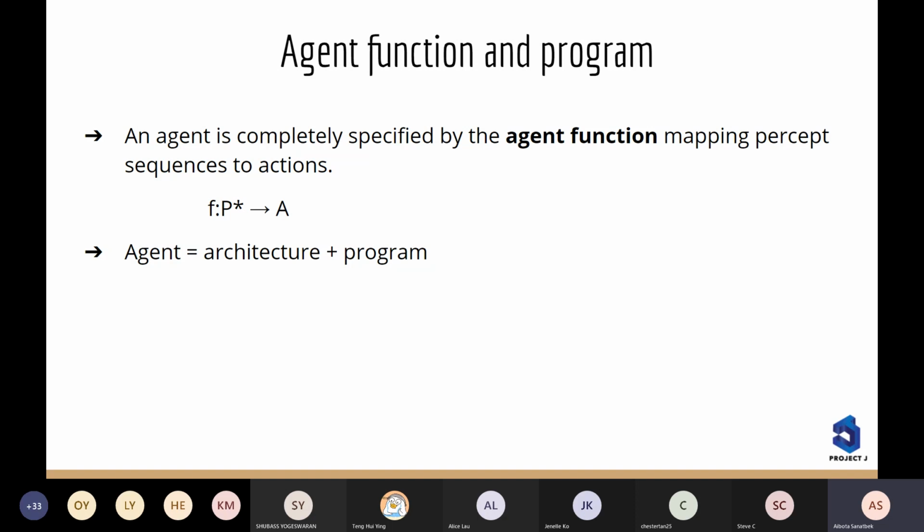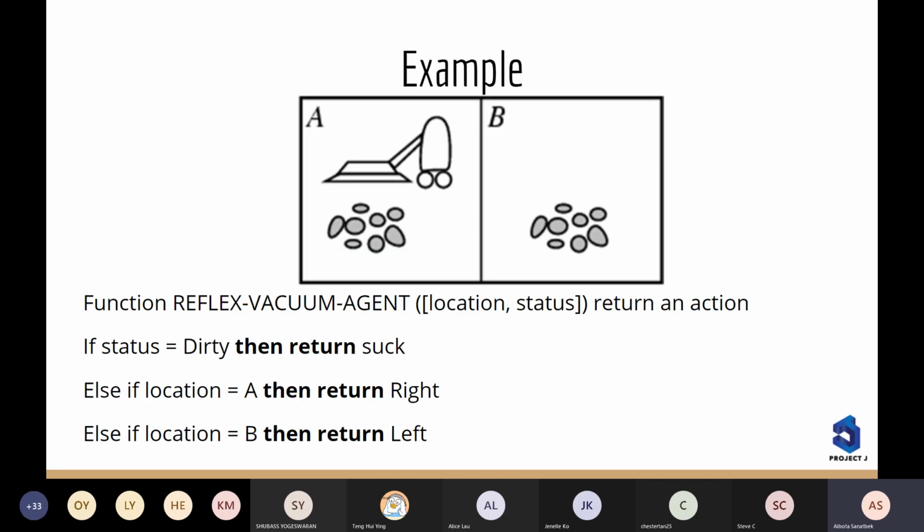But the agent program is a concrete implementation of that function, and it runs within some physical device or software. So we can basically see that the task of artificial intelligence is to design an agent program that implements the agent function. Let's take this vacuum cleaner as an example.